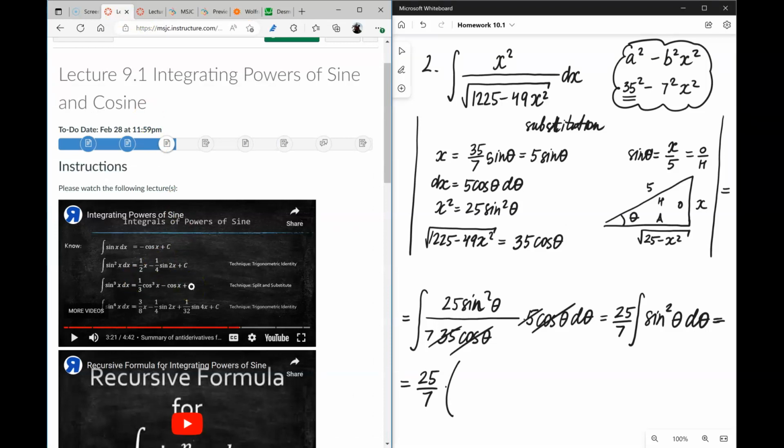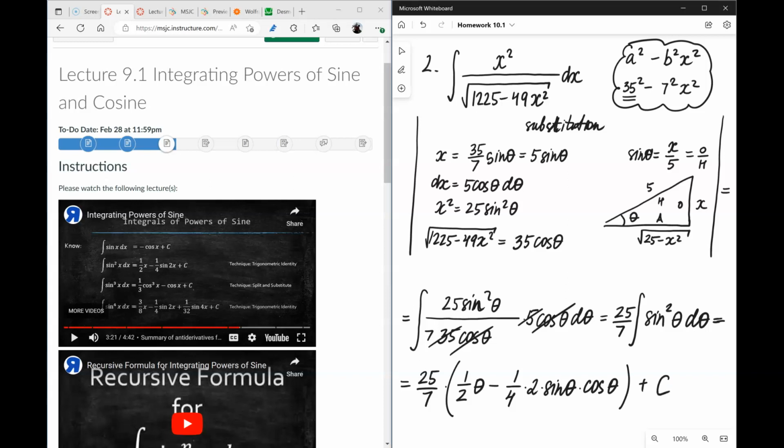The integral of sine squared is 1/2 of theta minus 1/4 of sine of 2 theta, but having sine of 2 theta as a double angle function doesn't help us, so I'm going to write it as 2 sine theta cosine theta using the trig identity.